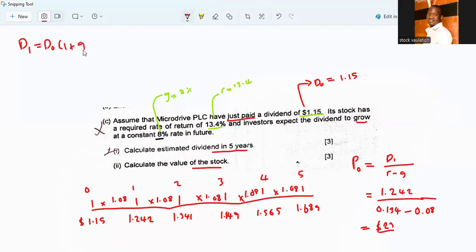Our D0 was 1.15, and our G was 8%. So 1.08 to the power 1. This gave us 1.242.